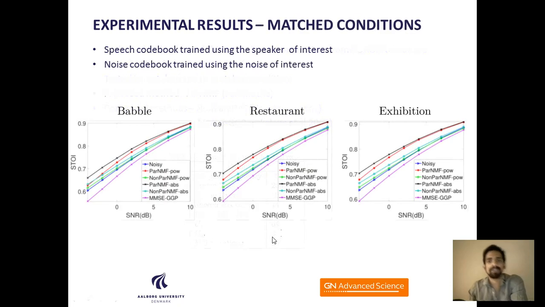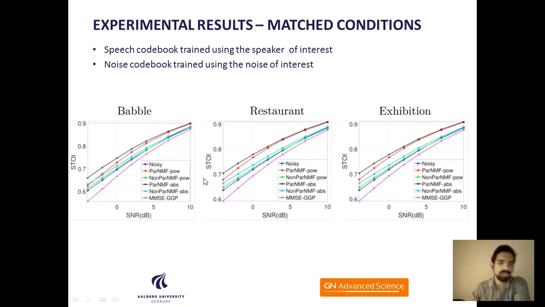And these are the results for the matched conditions, and we have evaluated the results using an objective measure called STOI, and this is an indicator of the intelligibility of the signal, and it gives us a value between 0 and 1, and the higher the value is, the better the system performs.